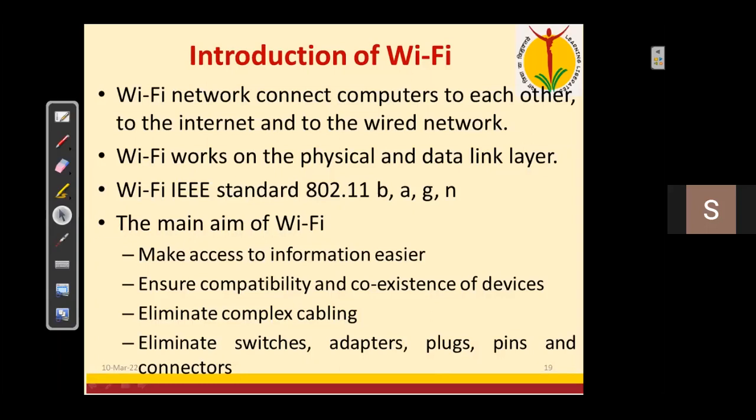There are different standards which exist: 802.11b, a, g and n. What is the main aim of this Wi-Fi? We have to access information very easily. There is compatibility and coexistence between two devices, reducing the complex cabling between them, and we try to eliminate the adapters, plugs, pins and connectors which are otherwise required.